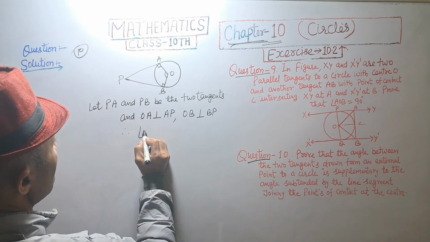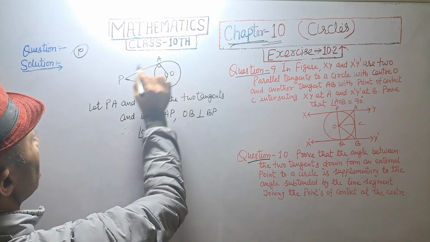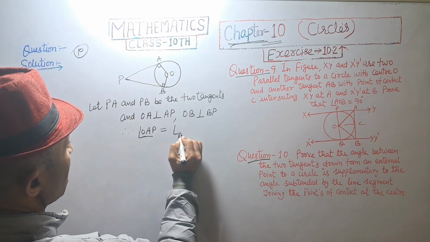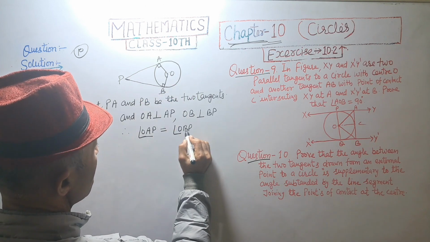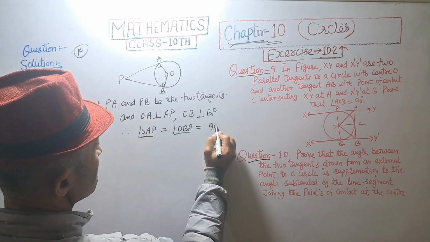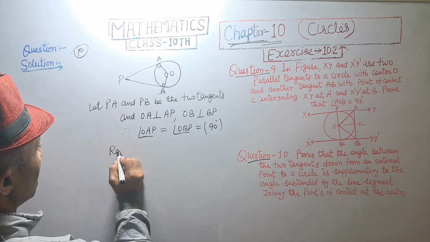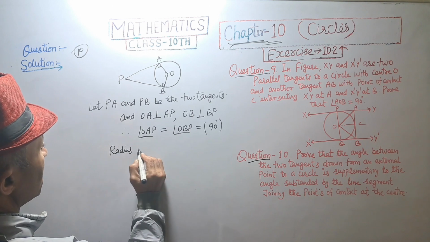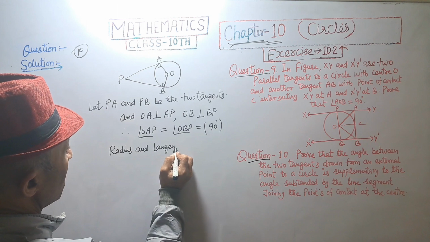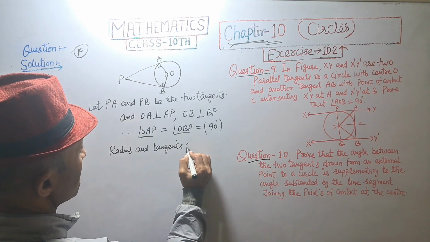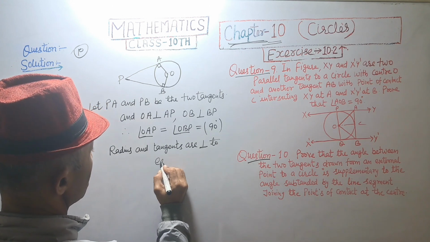So angle OAP is equal to angle OBP, that is 90 degrees, since the radius and tangent are perpendicular to each other.